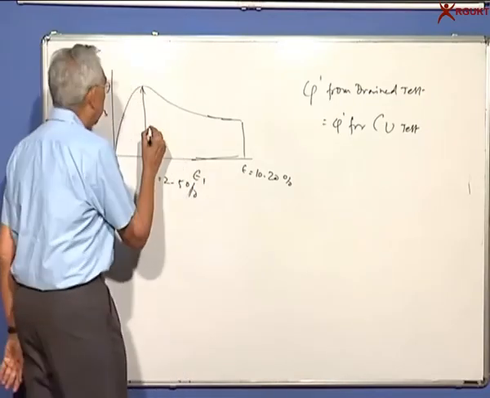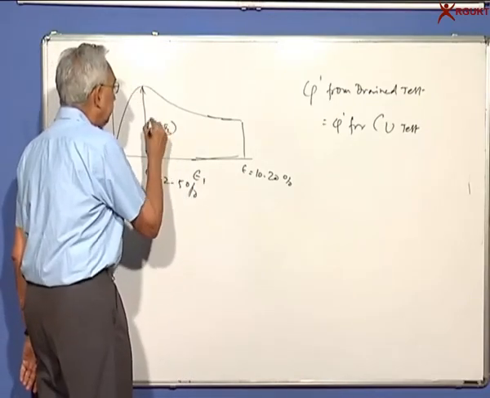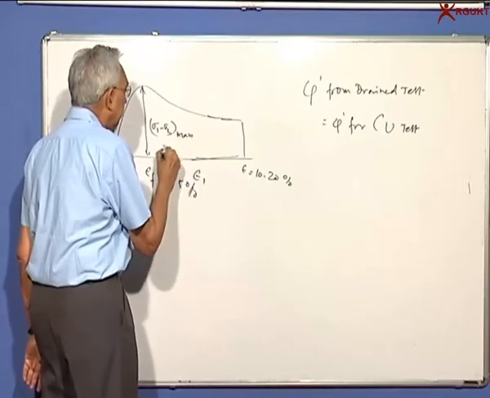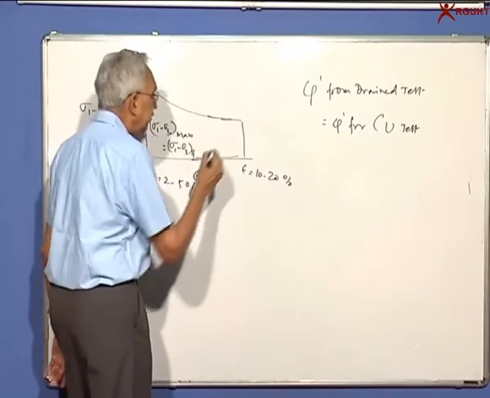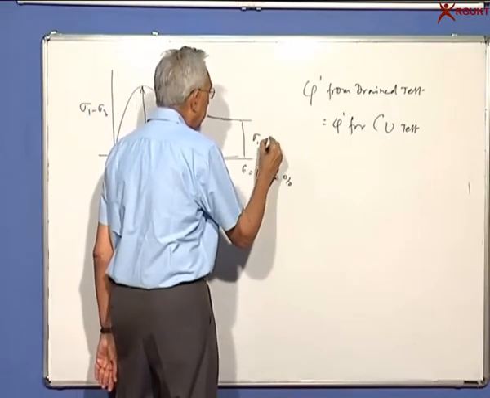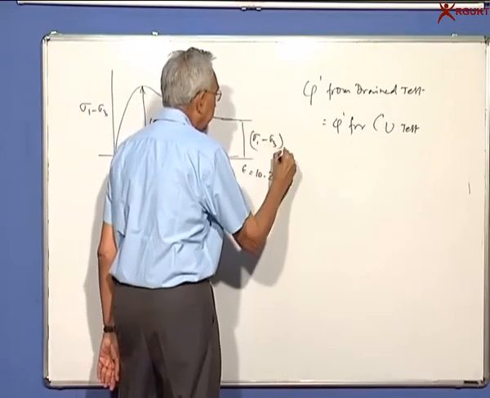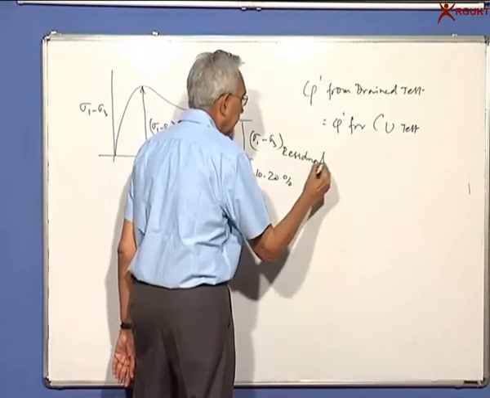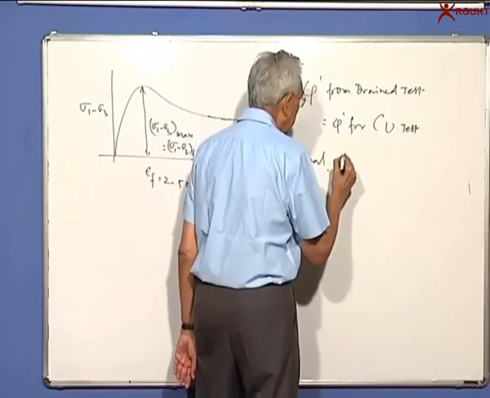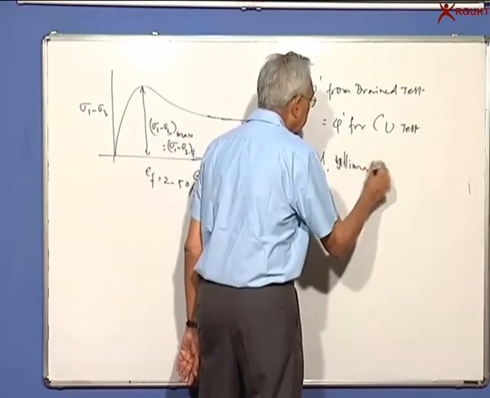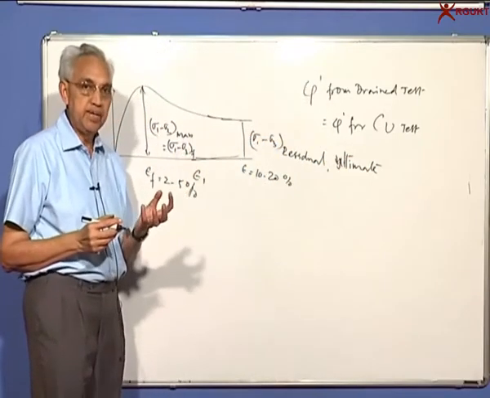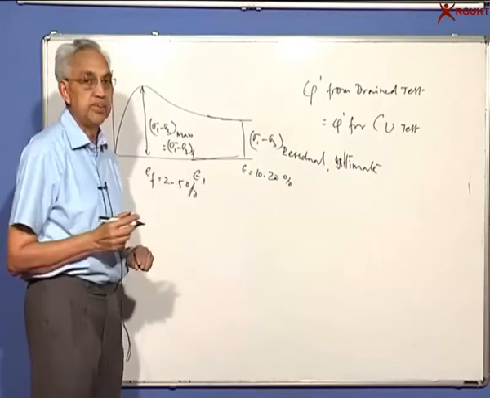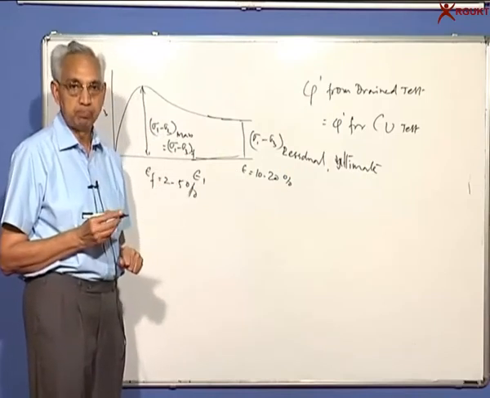So this is called the maximum, or sometimes we say the failure stress, but this is called sigma 1 minus sigma 3 residual, or sometimes called the yield, ultimate. So you find the strength at large strain is much smaller than the strength at the maximum one.